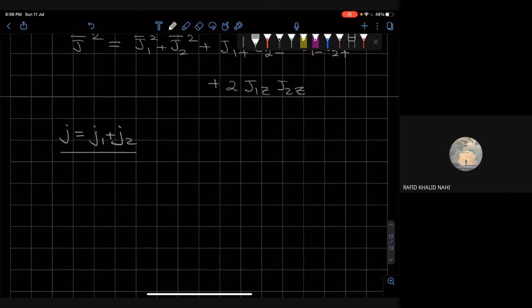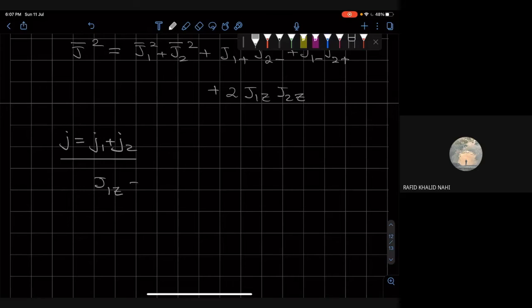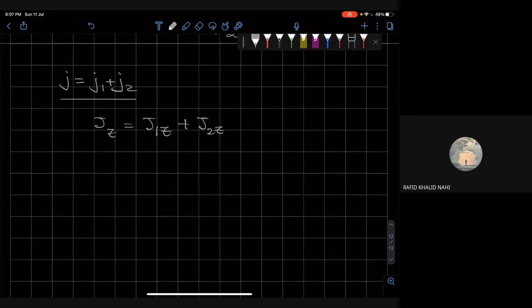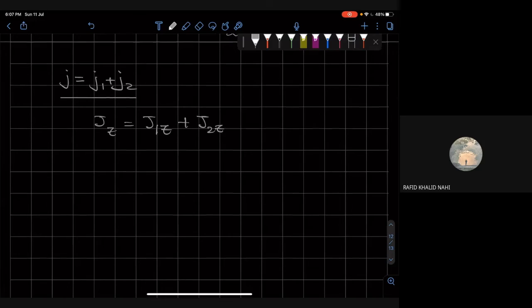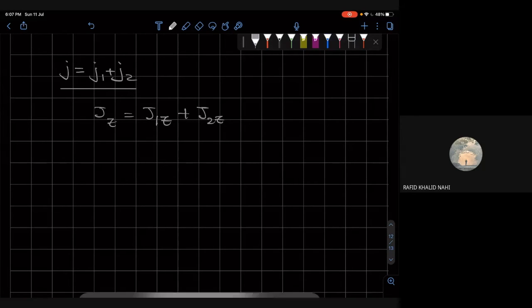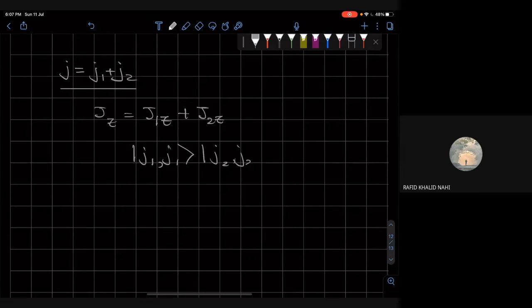Because Jz is equal to J1Z plus J2Z, such a state would be given by the tensor product of the state J1 tensored with J2.